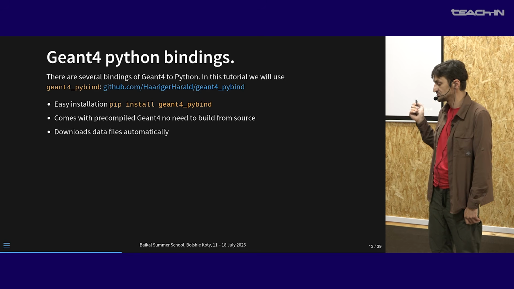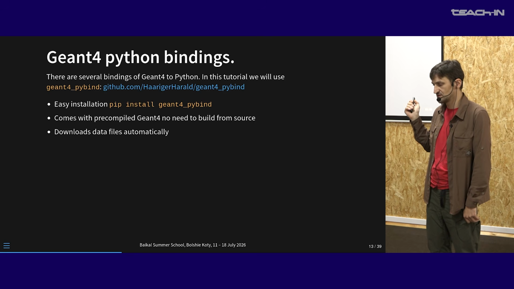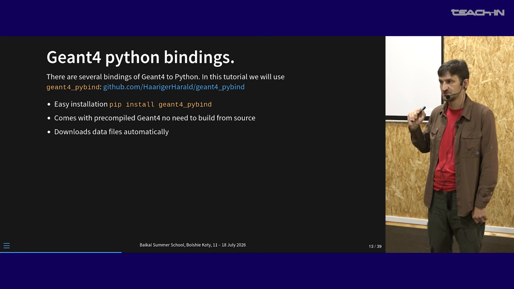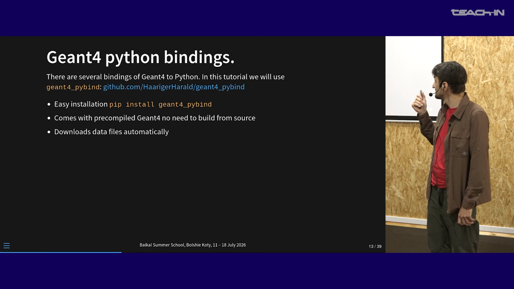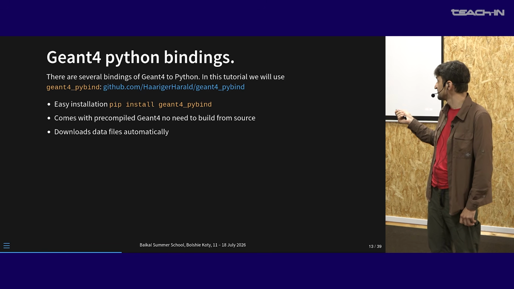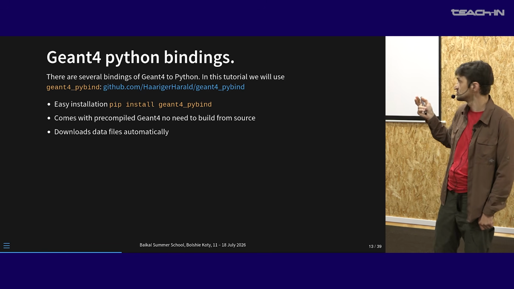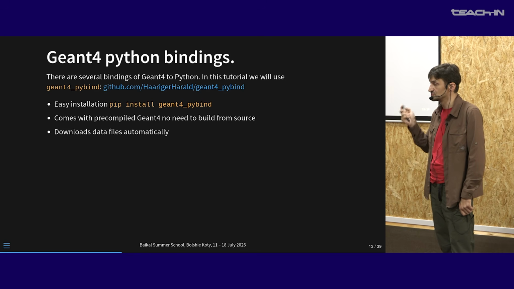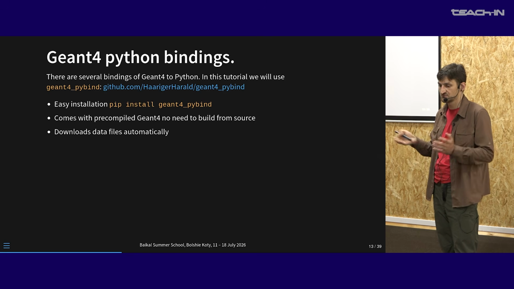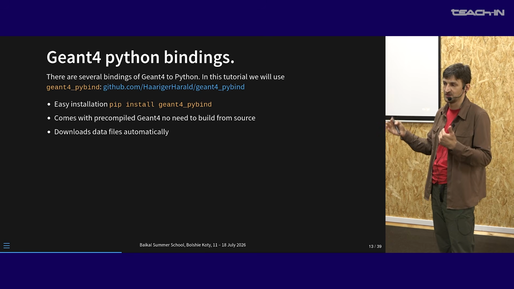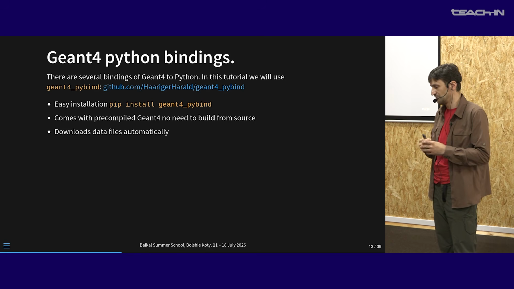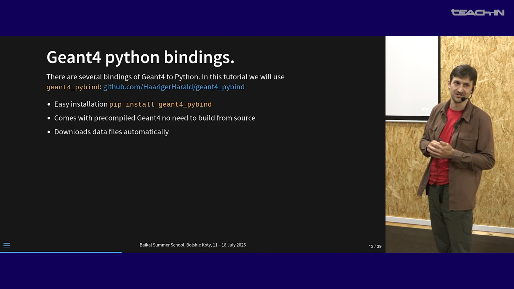I also showed the instructions, they were in the link. It comes with a precompiled Geant4, so you don't need to build it from source, and it also downloads the data files, which is about 2 GB, and this is the main part of the space of this Docker container.